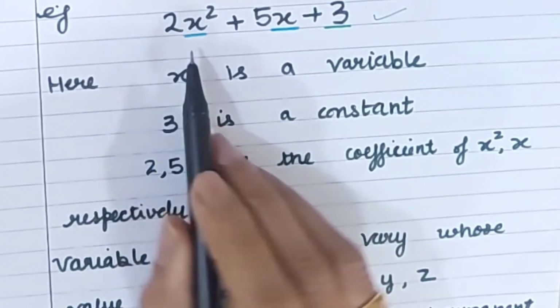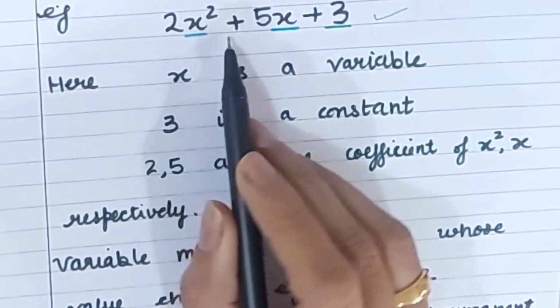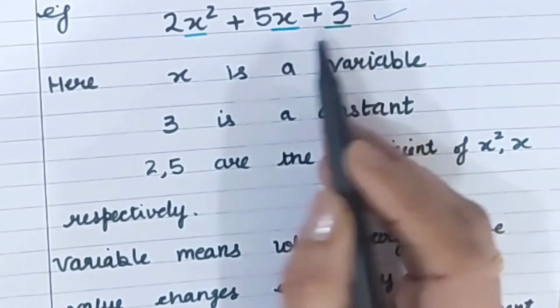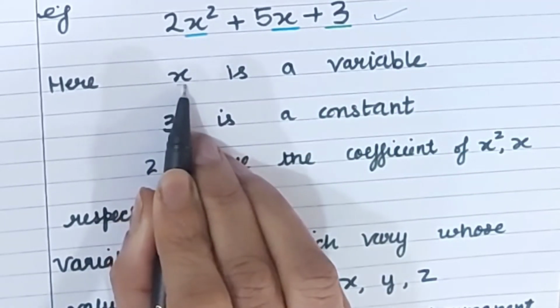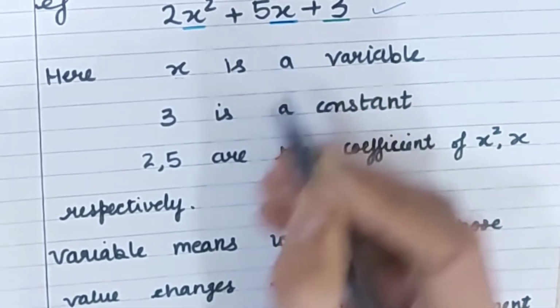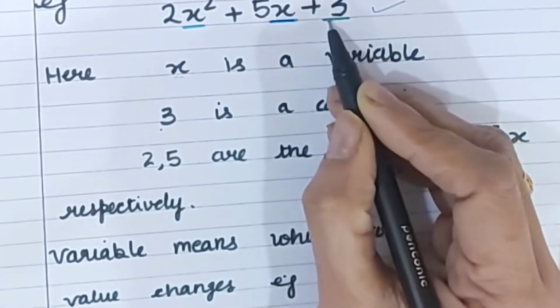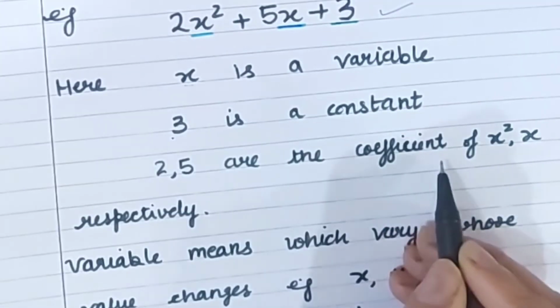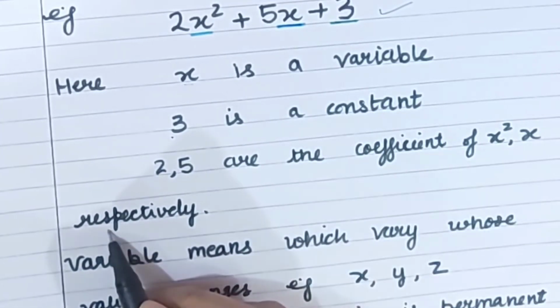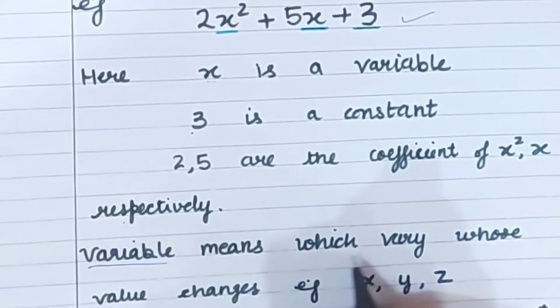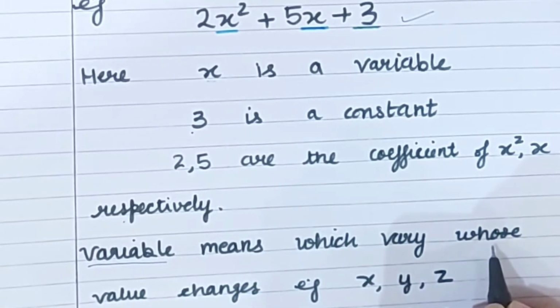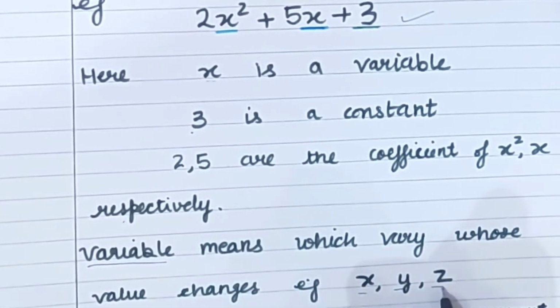Suppose this is an expression: 2x square plus 5x plus 3. In this algebraic expression, we have x a variable, 3 is a constant, and 2 and 5 are the coefficients of x square and x respectively. What is a variable? Variable means which changes its value, like x, y and z.